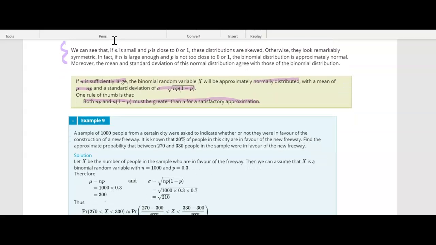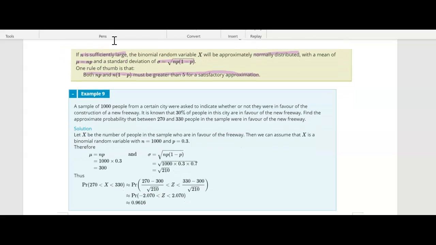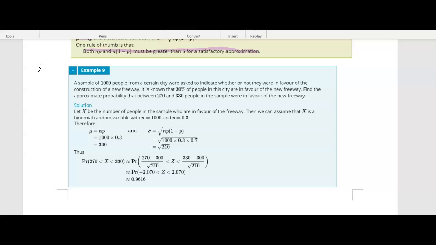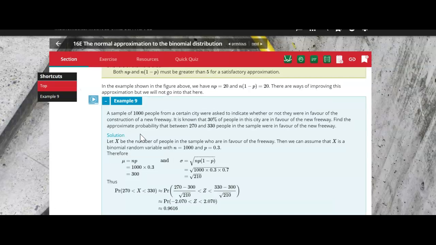So it's not always going to be normally distributed, but if N times P is greater than 5 and N times 1 minus P, which is N times Q, is greater than 5, then it's a satisfactory approximation.